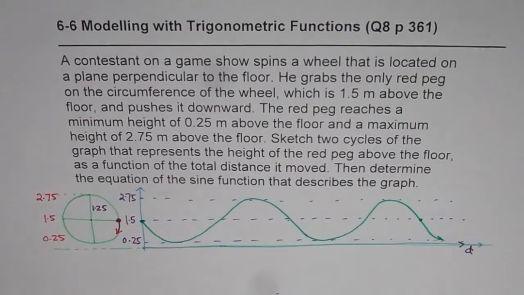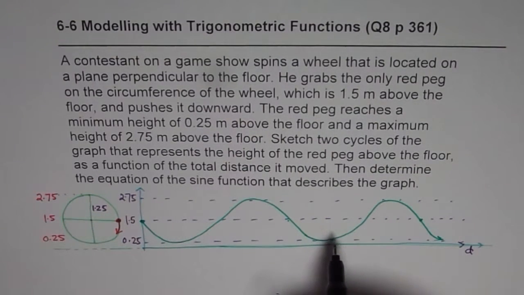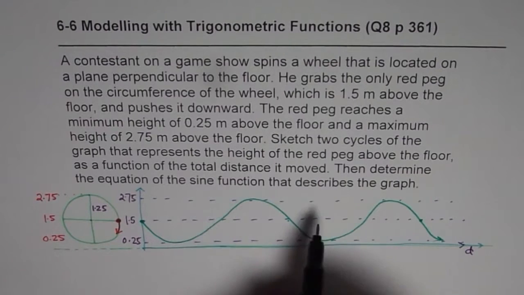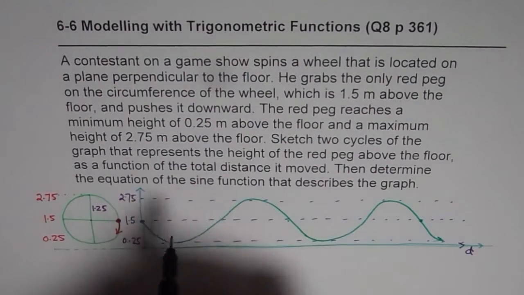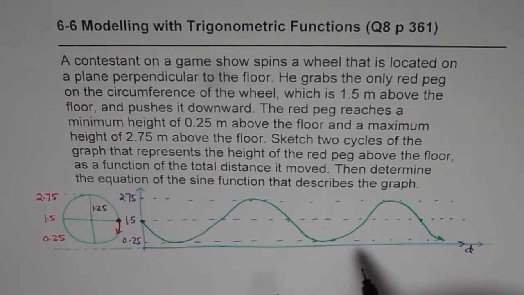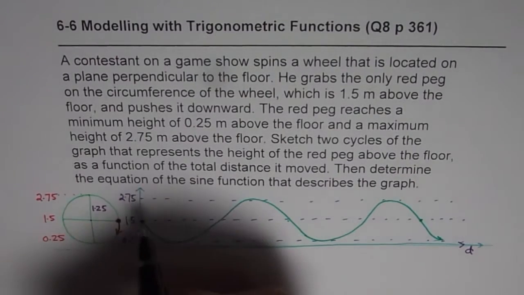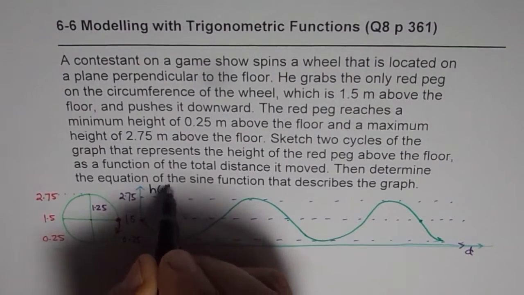Is it okay? So in this case, when we are trying to write an equation, we are going to write the equation in sine form. So let me write down the general equation of a sine graph here, as the height as a function of distance. Let h be the height over distance d.